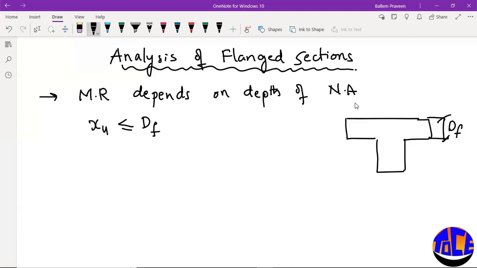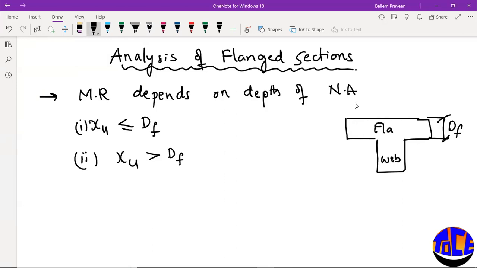Another case is if xu is existing in the web, that means xu is greater than the depth of flange, so it is falling in the web.